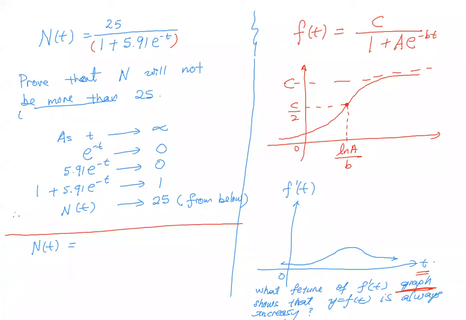Everyone in the class, please try. Yes, I think firstly, make the function as 25 times (1 plus 5.91 e to the power of negative t), close bracket, and put the power of negative 1. Yeah, you are right.